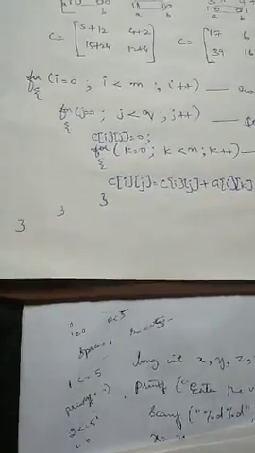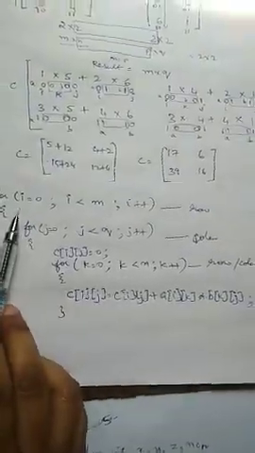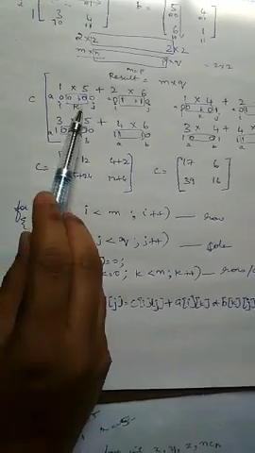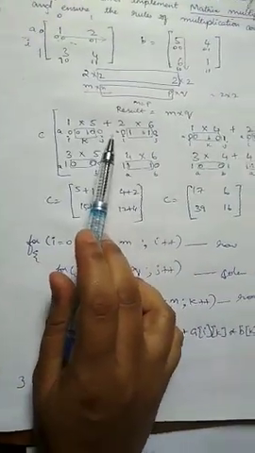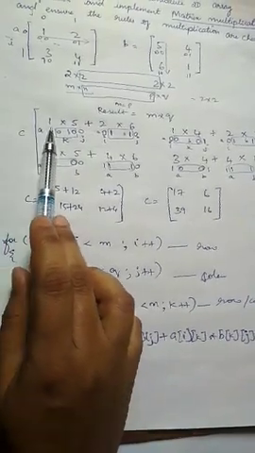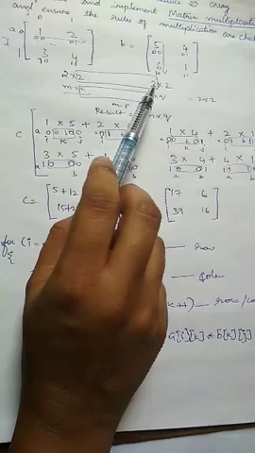Now, the next part of the code, as I have already discussed in the previous lecture, is how to compute the resultant matrix C. How do you compute it? That is 1 into 5 plus 2 into 6.